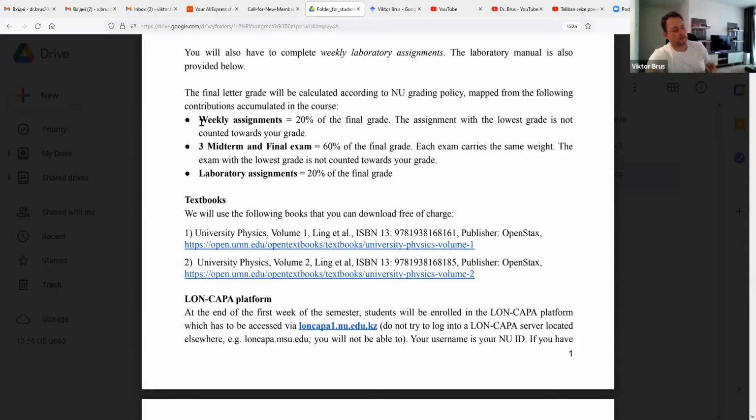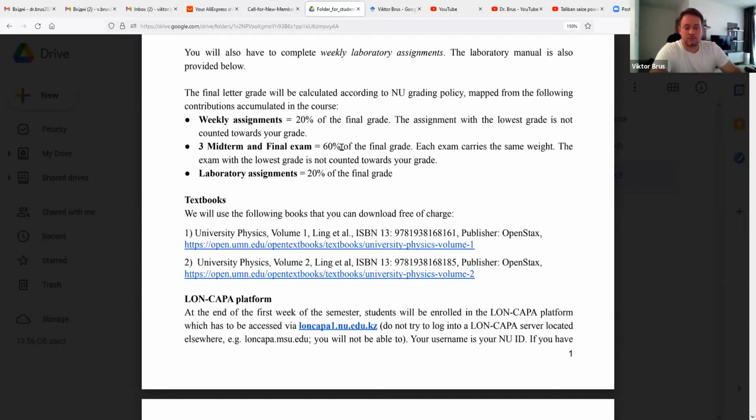So this second component of your final grade will be based on 3 midterms and final exam. And as you see, here it is the most important part, because 60% of your final grade will be actually defined by your performance at midterms and final exam.